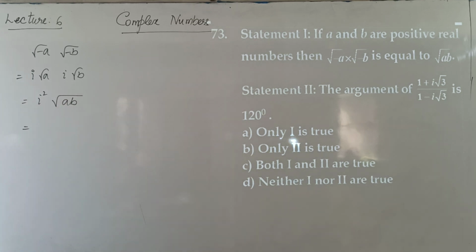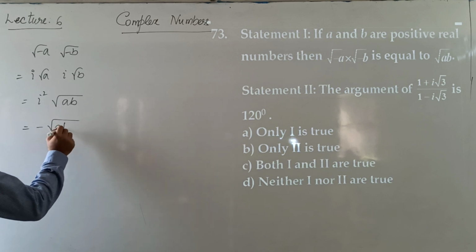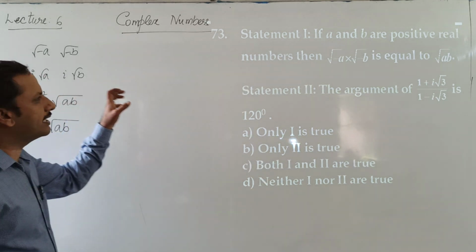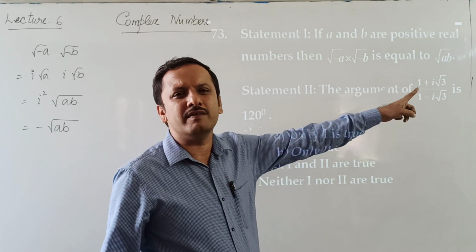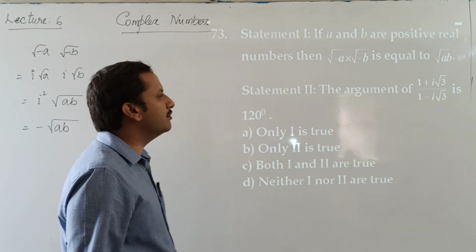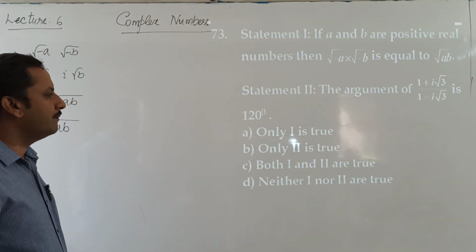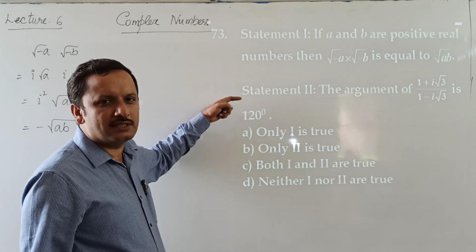What is the value of i square? i square is minus 1. So the answer is minus root AB. This product will be equal to minus root AB, but they have given root AB. Hence, statement 1 is false.